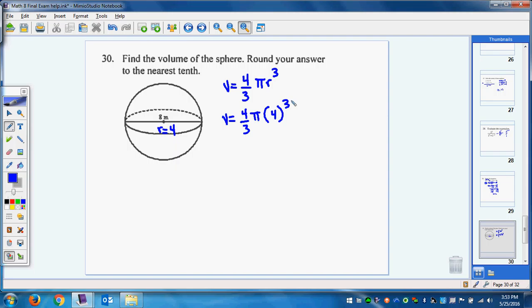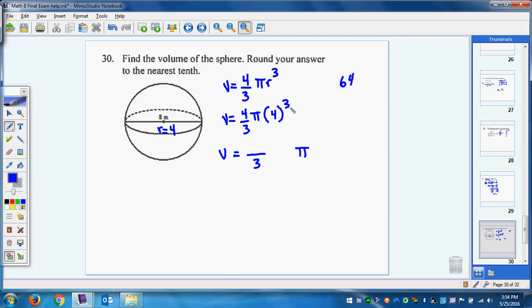So our numbers aren't the greatest as they should be, but we'll do with what we can. Remember, I saved the pi for last, which is normally going to be 3.14. I'm going to go ahead and keep it divided by 3 for now. So 4 times 4 is 16, times another 4 is 64, times this 4 here in the front.